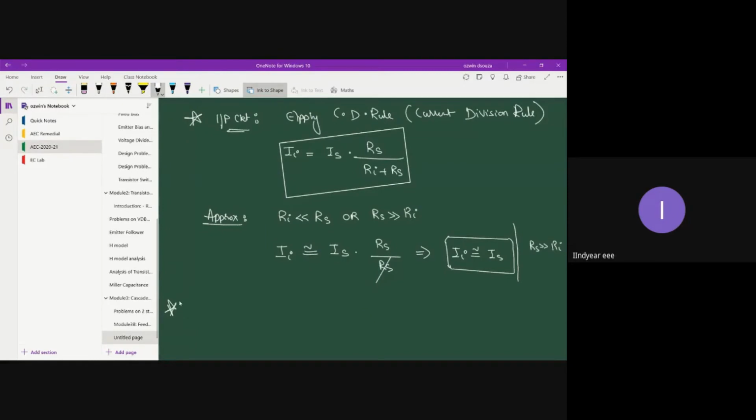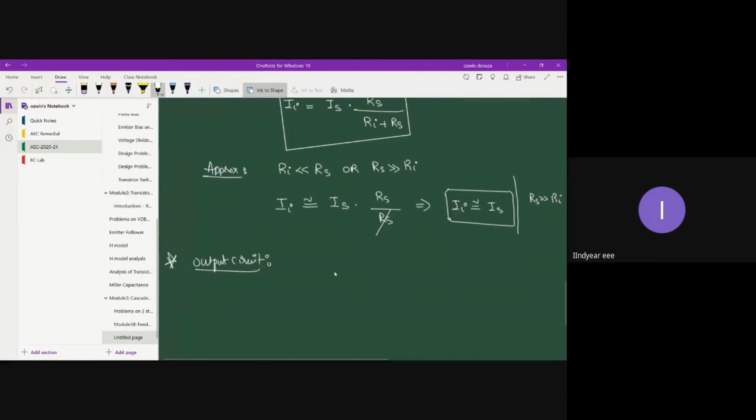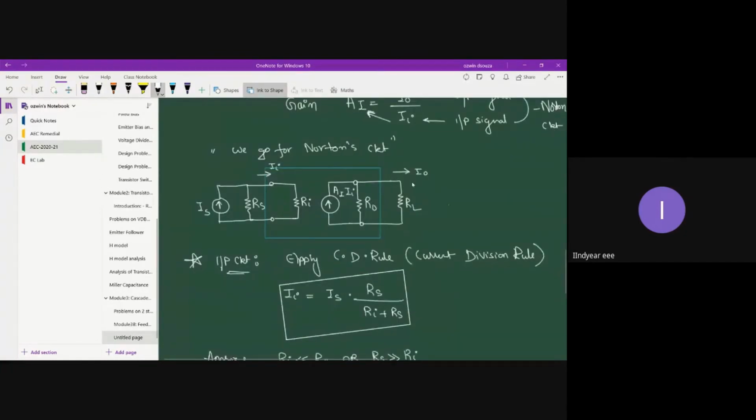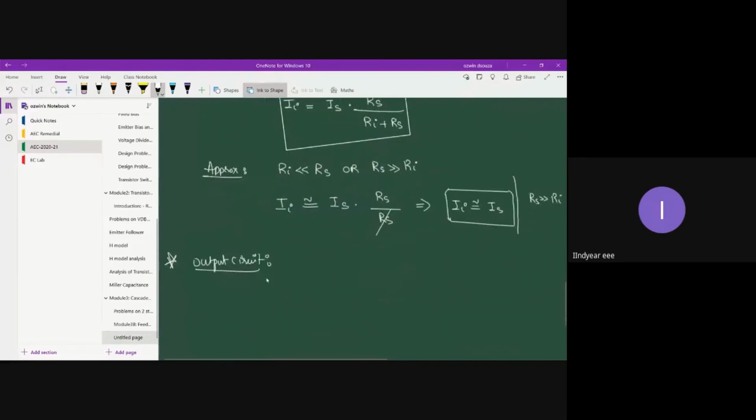Then let us obtain some relationship from the output circuit. So let us go to the output circuit. What do we have at the output circuit? On the output circuit, you can see that current I0 is flowing through the load resistor RL. So we can write an expression for I0 using the current division rule. So once again, let me apply the current division rule.